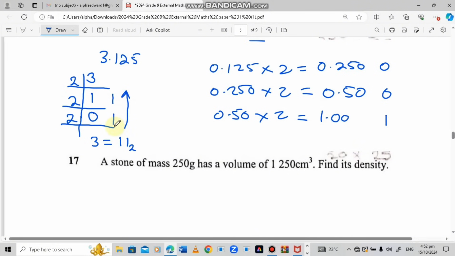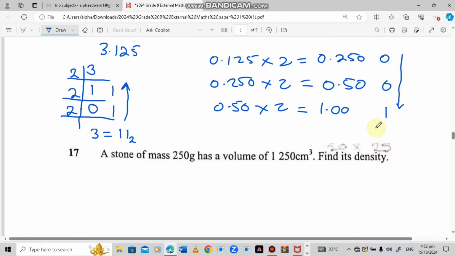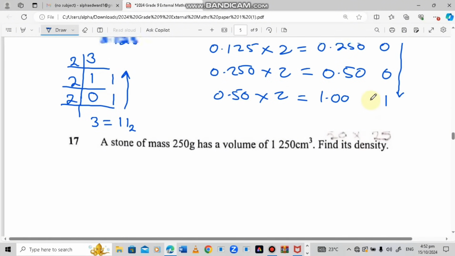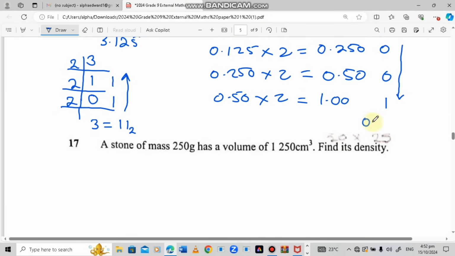So in here we collected numbers from the bottom going up, but in here we're going to collect numbers from the top going to the bottom like this. So meaning you have 0.001.